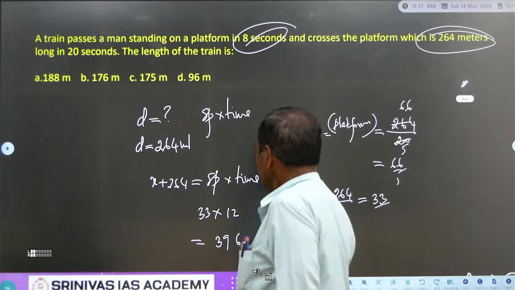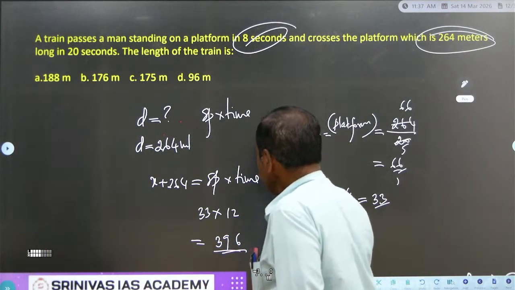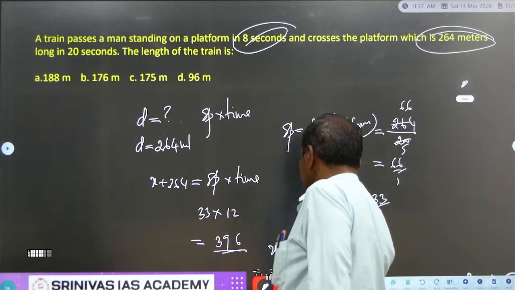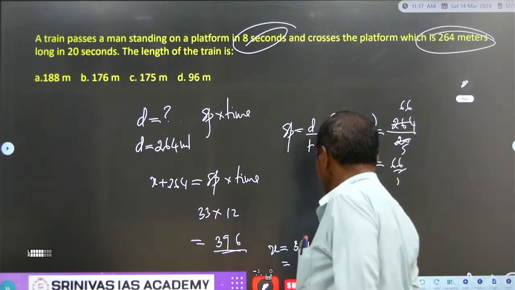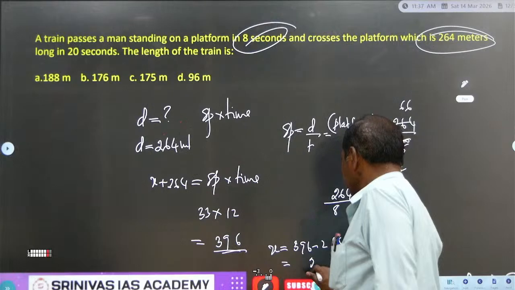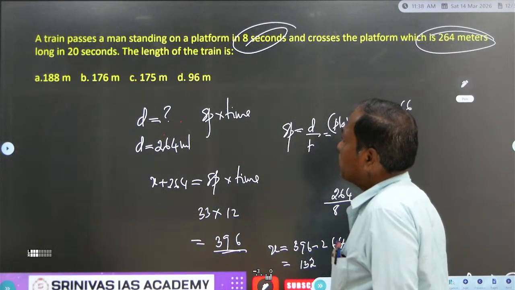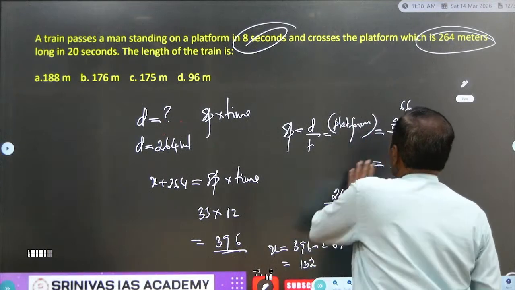Then x equals 396 minus 264. Therefore 396 minus 264 is 132. No, somewhere there is an error. It should happen, no?